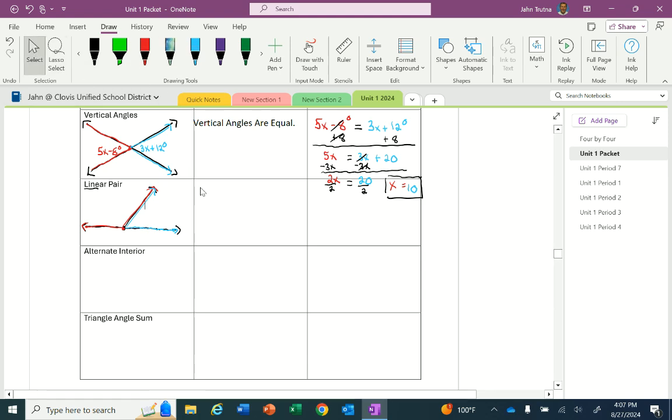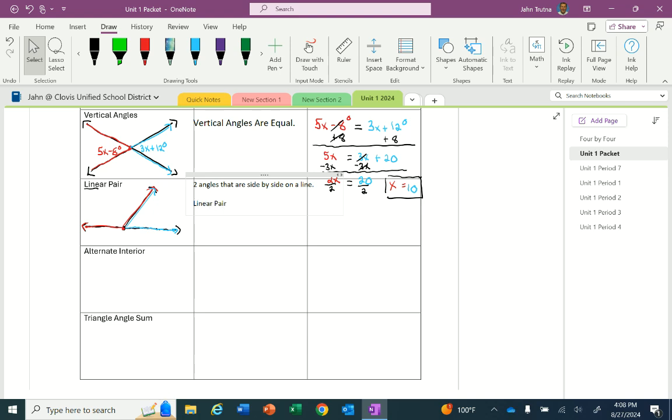So the relationship of linear pair of angles: they are two angles that are side by side on a line. Two angles that are side by side on a line.